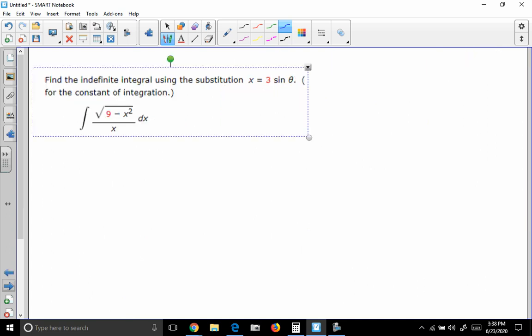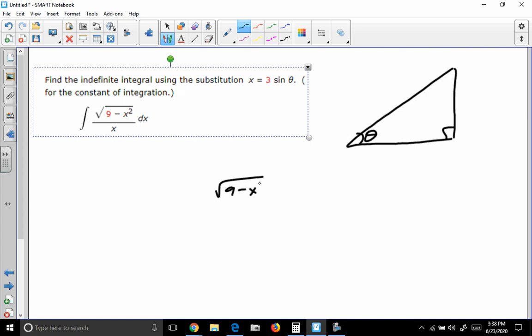Okay, let's take a look at the next one. This is another one dealing with sine. So if we call this theta, then we have the square root of 9 minus x squared, and they also tell us x is 3 sine theta, or we could say x over 3 is sine theta.